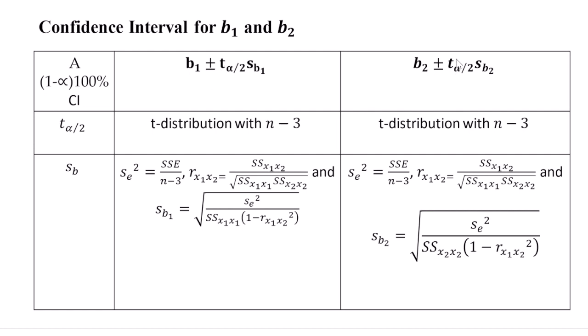The critical value T is based on a T distribution with n-3 degrees of freedom. SB1 and SB2 will be calculated using the formulas over here. And for example, if I have 3 independent variables, then we could easily write out the formulas for the confidence interval for B3.